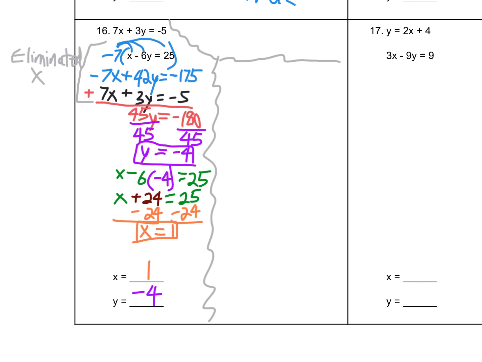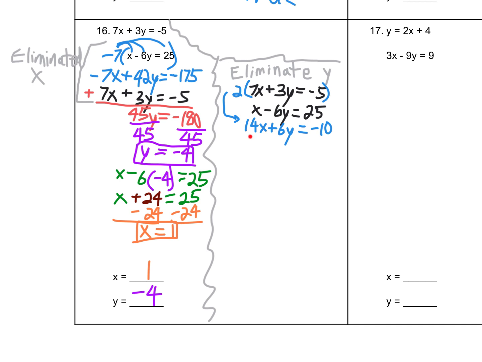Or if I wanted to eliminate y, I see that I have a -6y, so I need the top to be a positive 6y. So what do I need to multiply the top by to have positive 6y if I already have 3y? That would be multiplying the top by 2. That gave me 14x plus 6y equals -10.